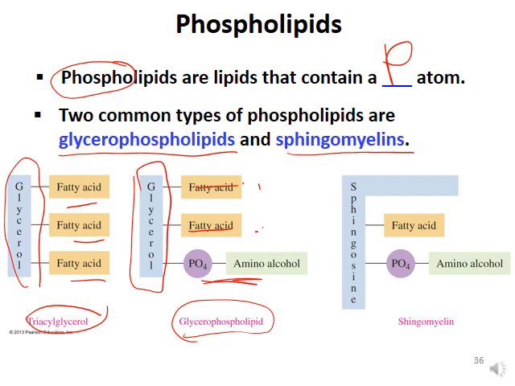And then instead of a glycerol structure, we have a sphingosine with a fatty acid, and the same sort of, I think that needs to have a P in there, sphingomyelin. Okay, so let's explain what these are and their importance.